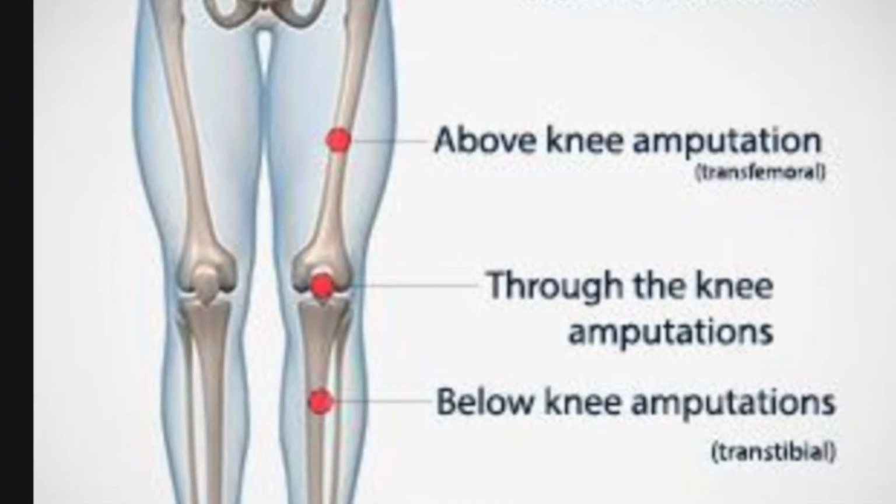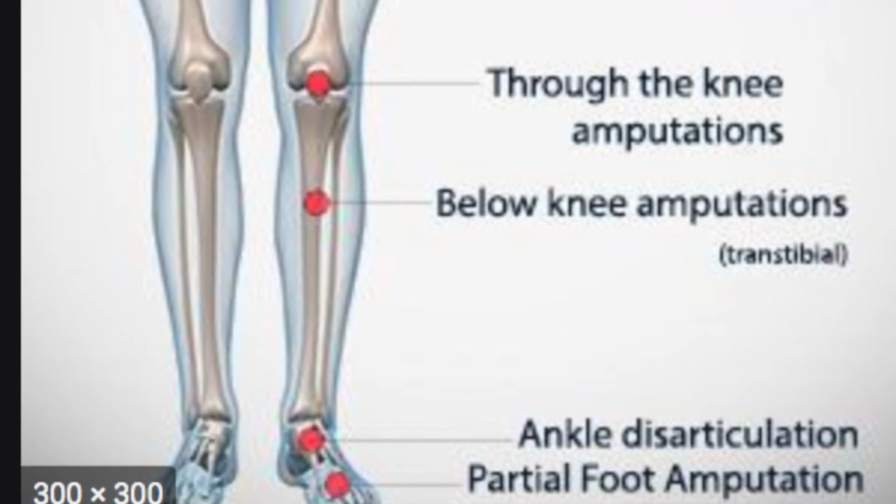So you have an above knee amputation, and like it says, it's above your knee. I'm gonna insert a picture so you guys can see what I'm talking about. That's abbreviated AK, above knee, and that's transfemoral as well. Then we also have below the knee amputation, abbreviated BK.